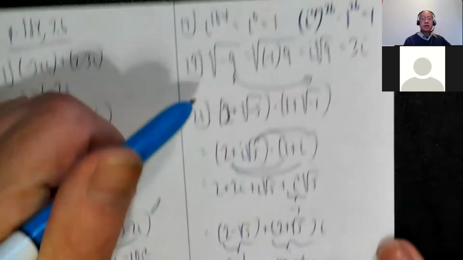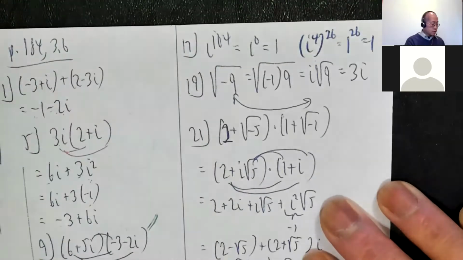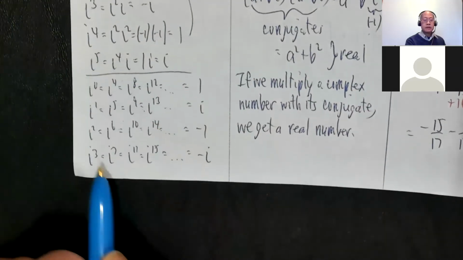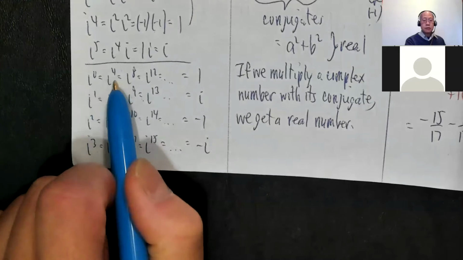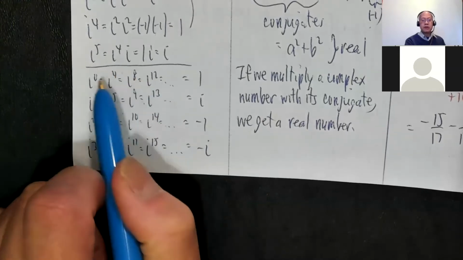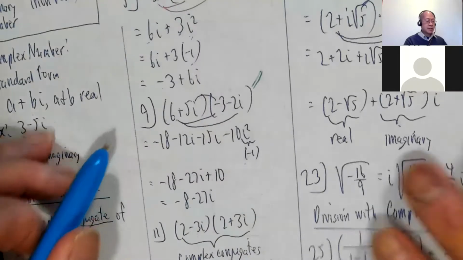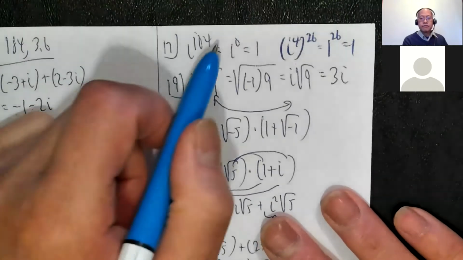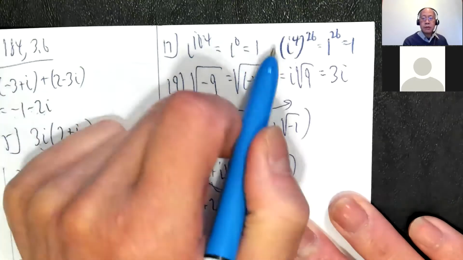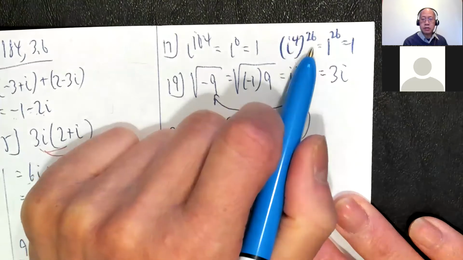All right, problem 17, i to the 104th power. Well, 104 follows this pattern: 4, 8, 12. If you divide 104 by 4, you get a whole number, so it fits this pattern. But if you don't recognize that, one way to analyze it is that 104 divided by 4 is 26.